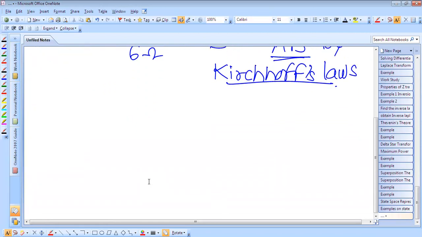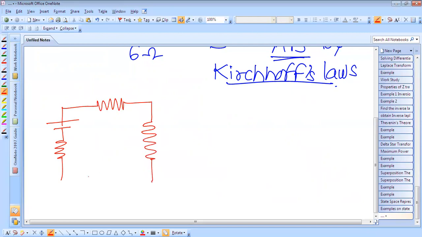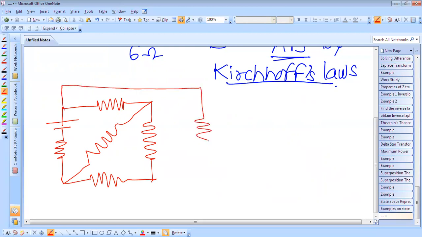The rest of the circuit is as it is. Only I am moving the resistance here.